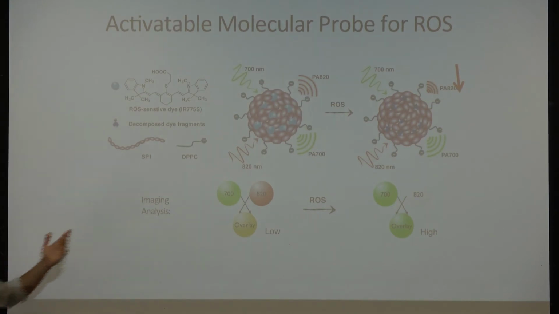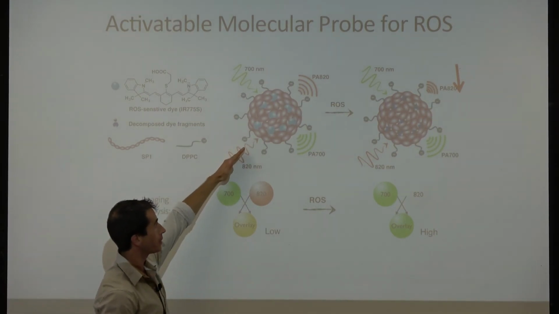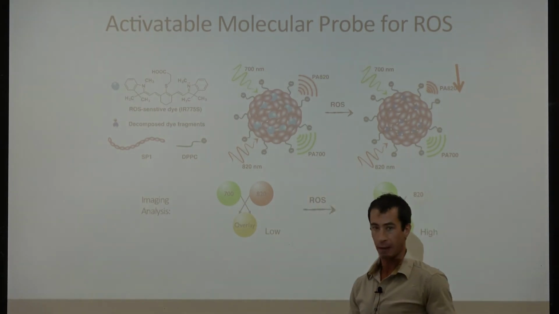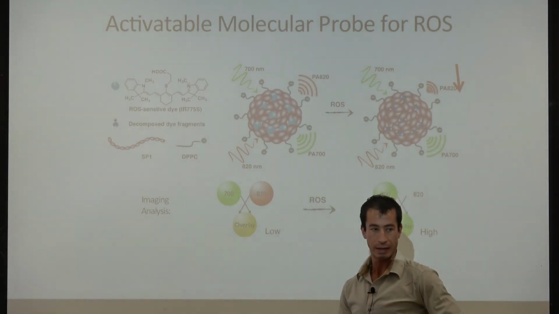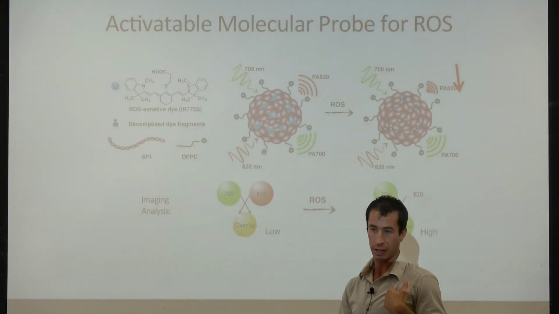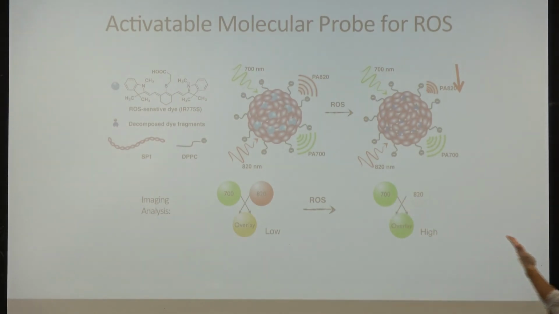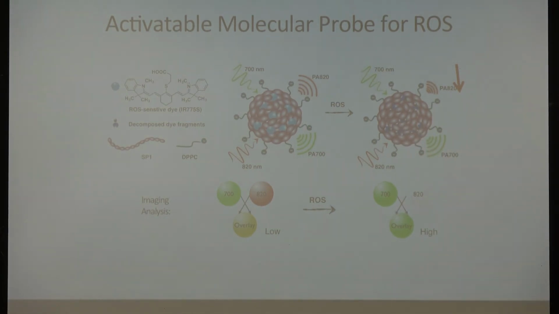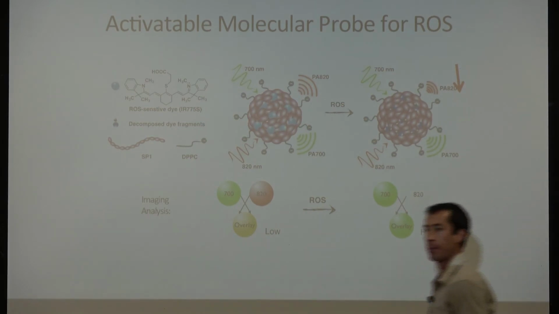So if I was only looking at this and my signal went down imaging here to here, is that because there's simply less light that gets through here relative to here? Or is it because there's a real difference in the amount of reactive oxygen species? Well, by normalizing relative to this thing, I can control for that, right?